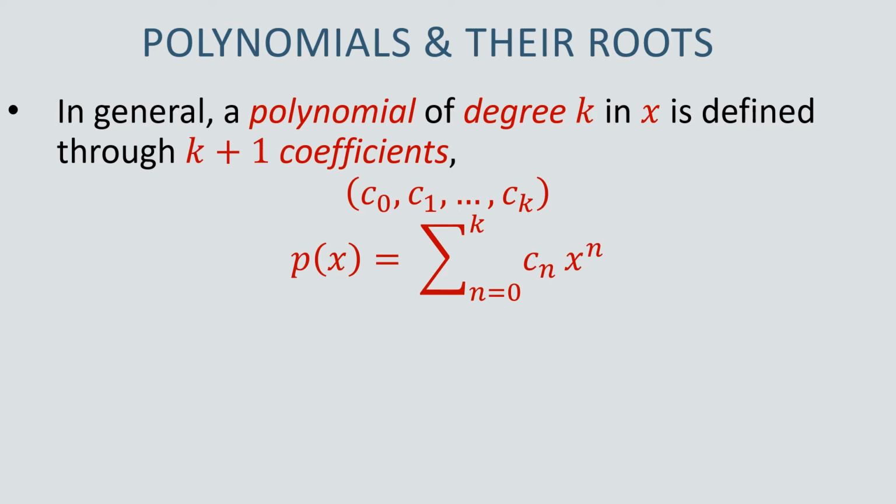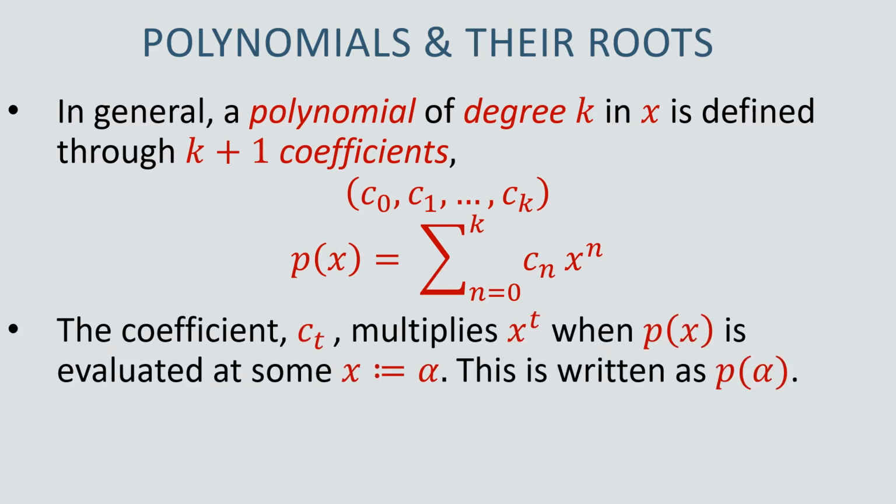If we look at the functional form of a polynomial, this is just a summation. So the polynomial of degree k in x is defined via, we sum, starting from n equals 0 up to k, the result of multiplying the coefficient c sub n by x raised to the power n.